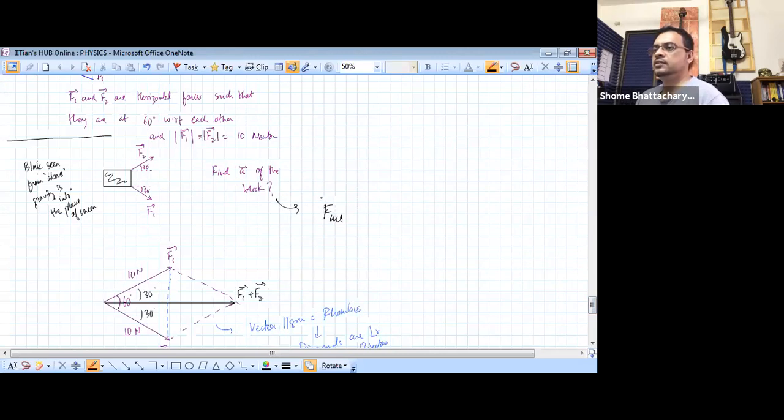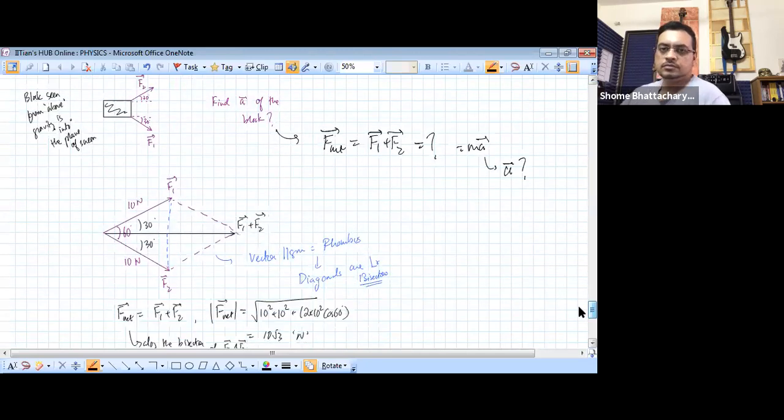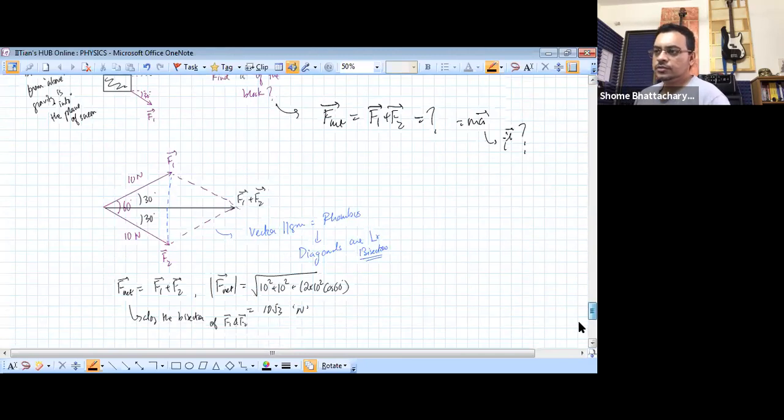F net is equal to F1 plus F2, and that is equal to mass into acceleration. Then the acceleration we get. Okay, so that's all. Right, so done, then it's good.